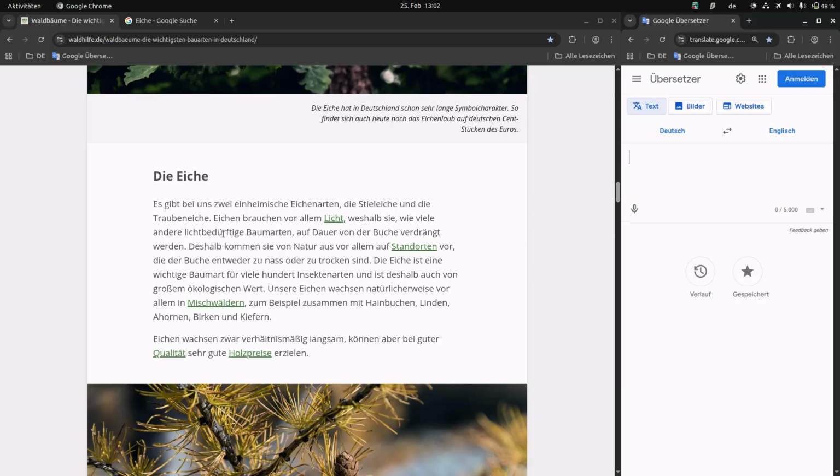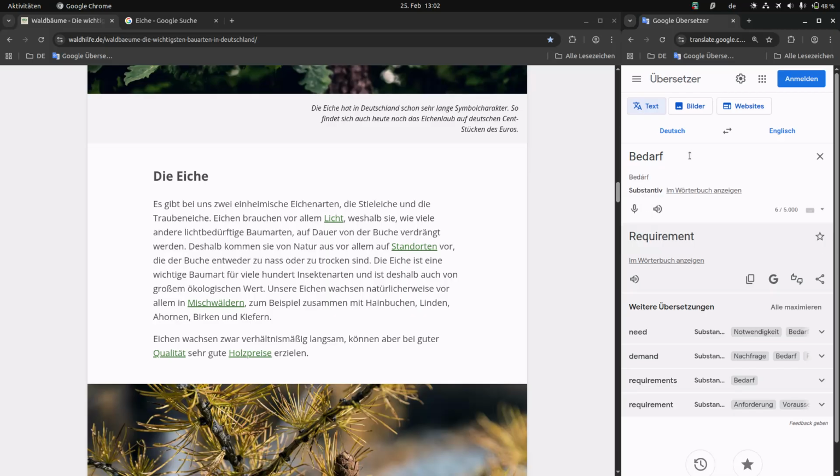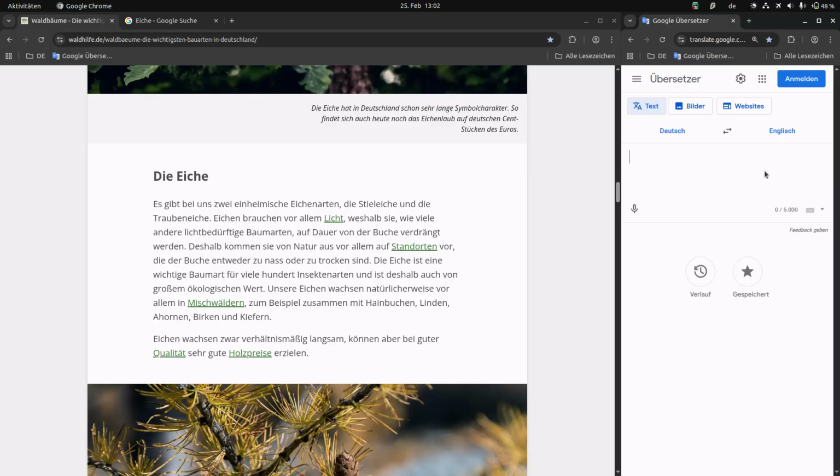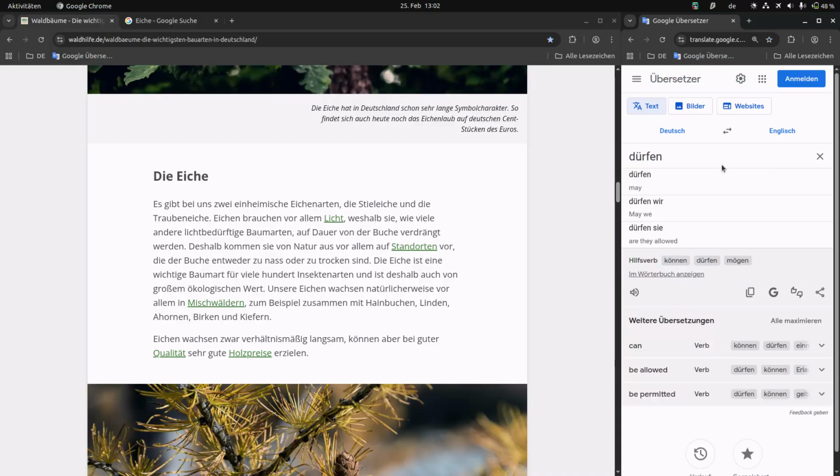Other. Lichtbedürftige: Licht, we had that before, this was light. Bedürftig, I think we had that in one of the previous episodes, where I also explained it with Bedarf, which means the need or requirement for something, or demand. And I think it derives from the word dürfen, which means to be allowed to, may.